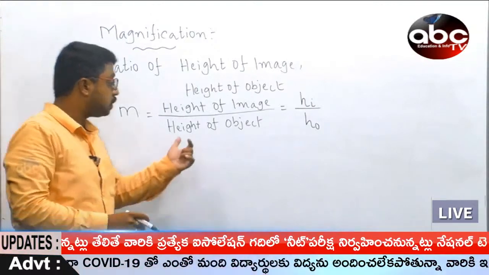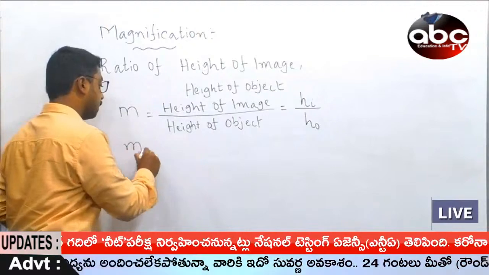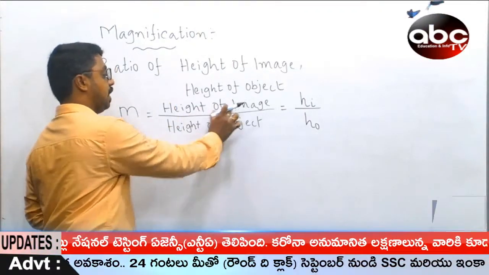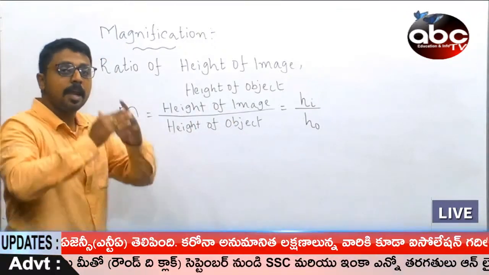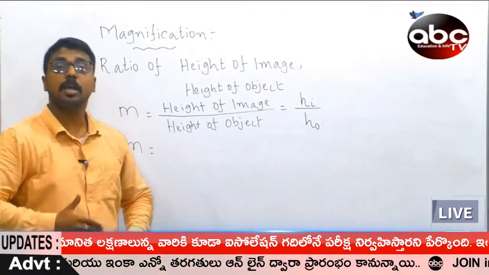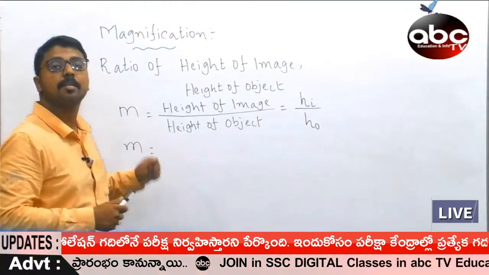We can also write one more formula for the magnification. Height of image, height of object, it only discusses heights. But if we are given the distances also, we can measure magnification.